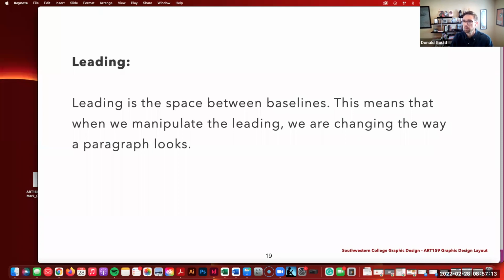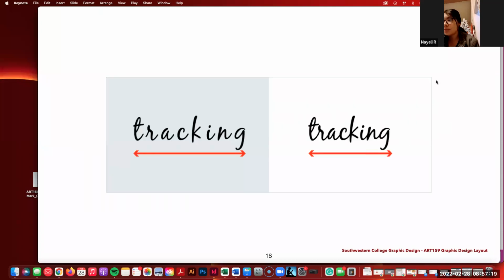Nayeli, do you have a question? Yes, this last typeface you showed us is considered sans serif, or it's not in that category? Yeah, that's a great question, Nayeli. This would not be considered a serif or a sans serif necessarily. This is a different style that we would refer to as a script font.